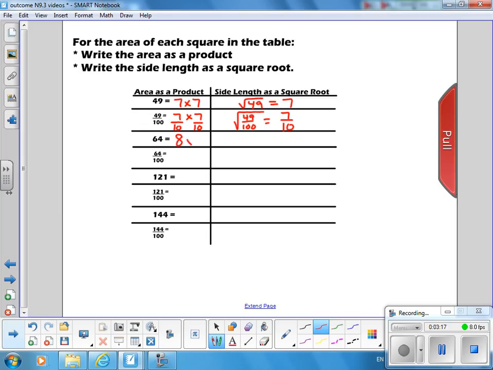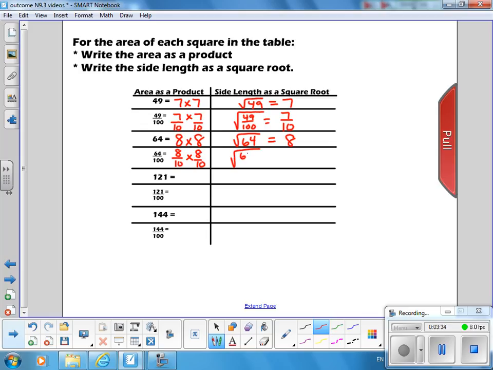64 is 8 times 8. So the square root of 64 is 8. 64 over 100. So we would have 8 tenths times 8 tenths, because 8 times 8 is 64, and 10 times 10 is 100.